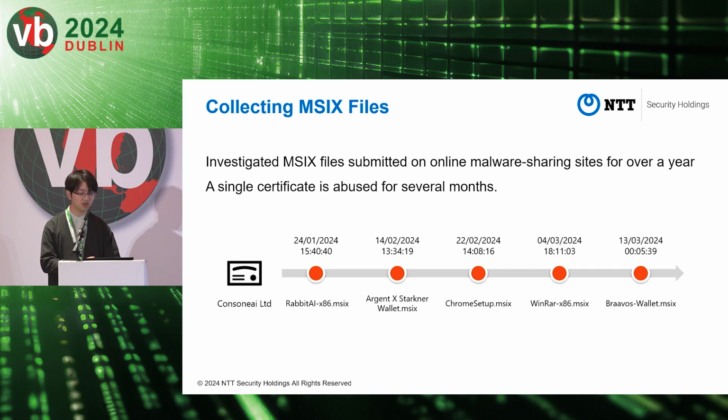This indicates that samples using a single certificate were used over the course of several months. Additionally, as shown by the file names, each sample is disguised as legitimate software. The file names range from AI tools to browsers and various utility tools, reflecting a wide variety of disguises.